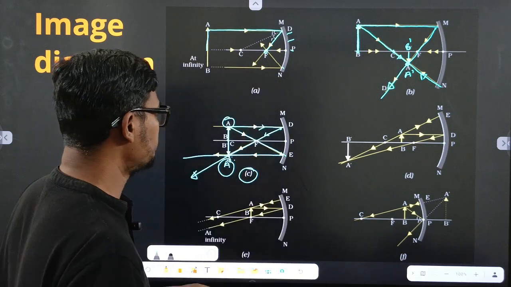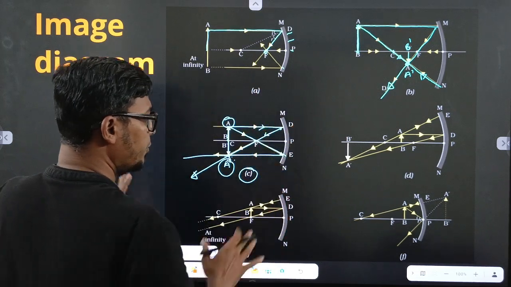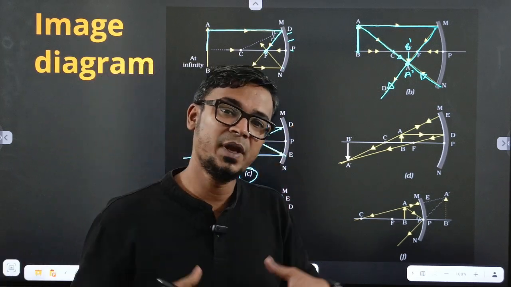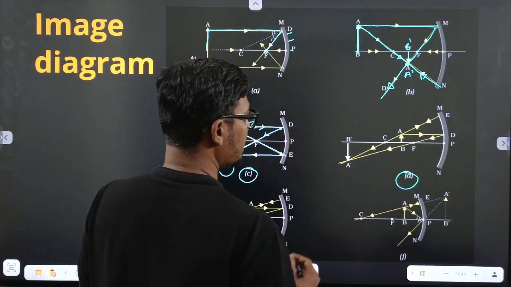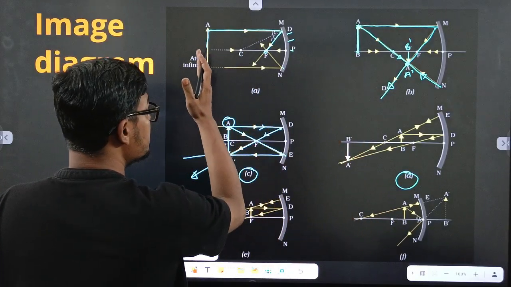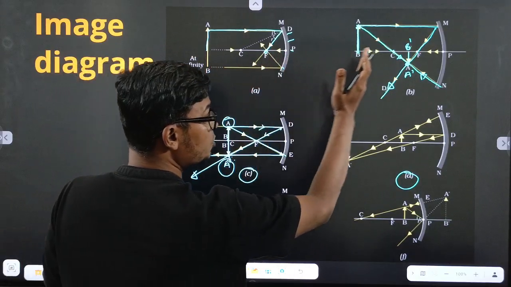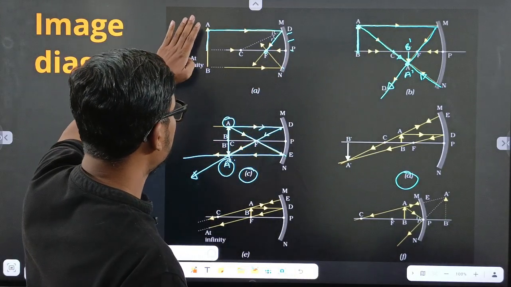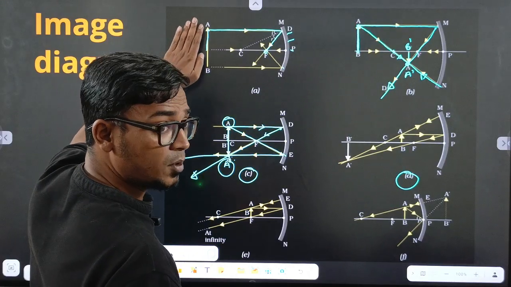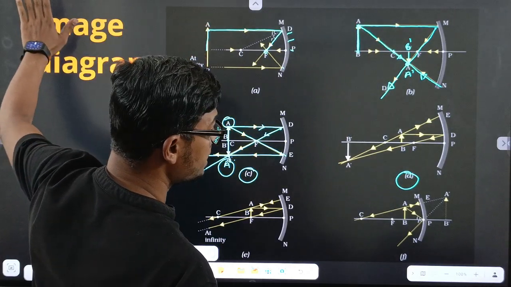Now in this video we are trying to clear up mirror and image. For the fourth picture, the image is coming towards the mirror. In the first picture, the object was at infinite distance.